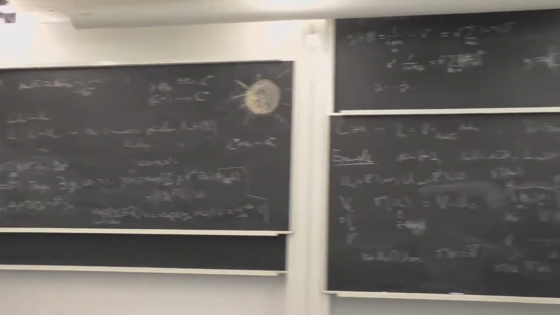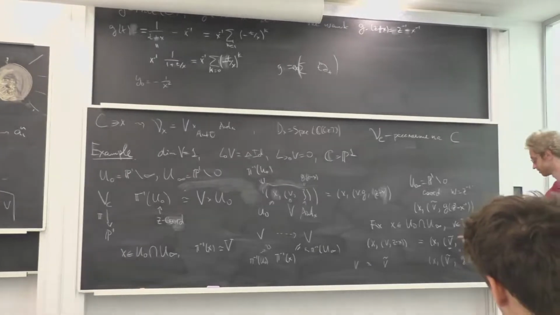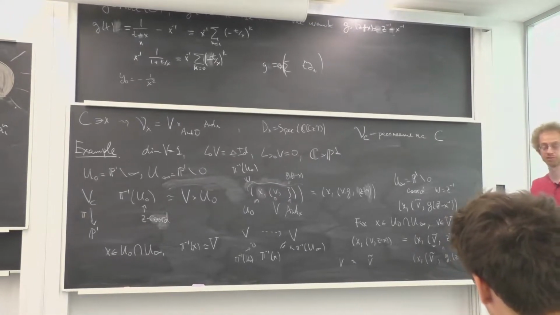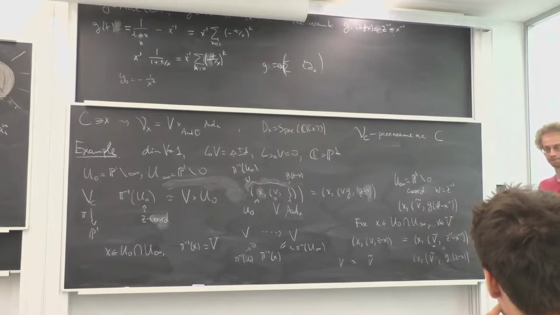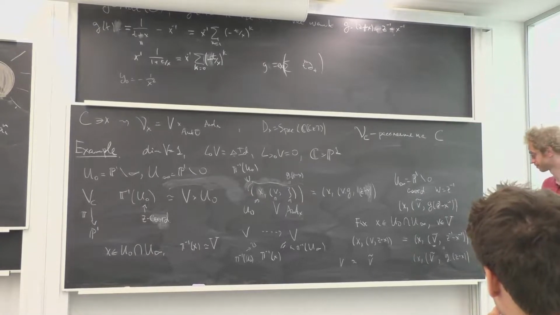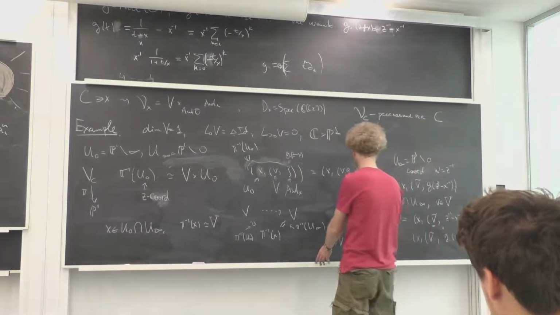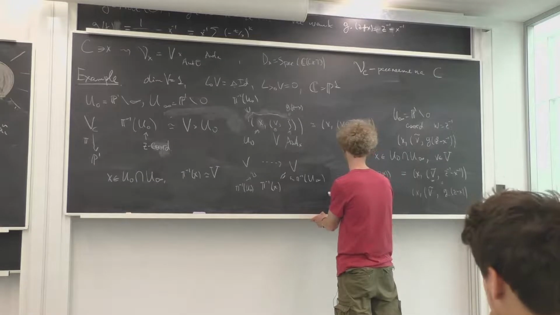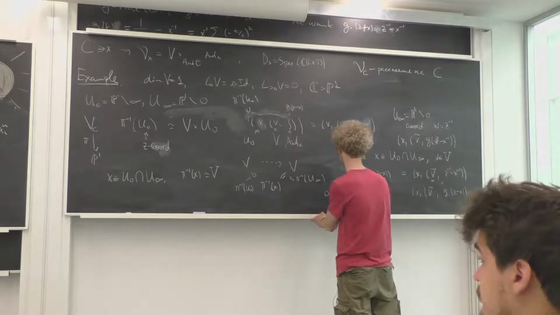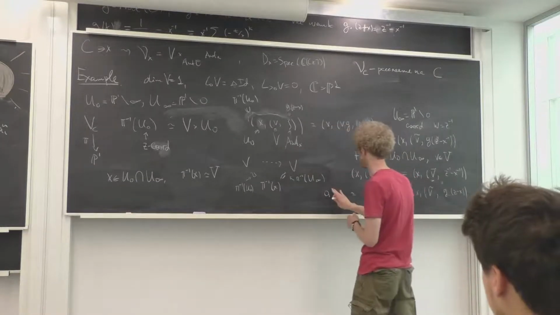So now what is the action of this G on V tilde? This is A1 to the delta, yes?